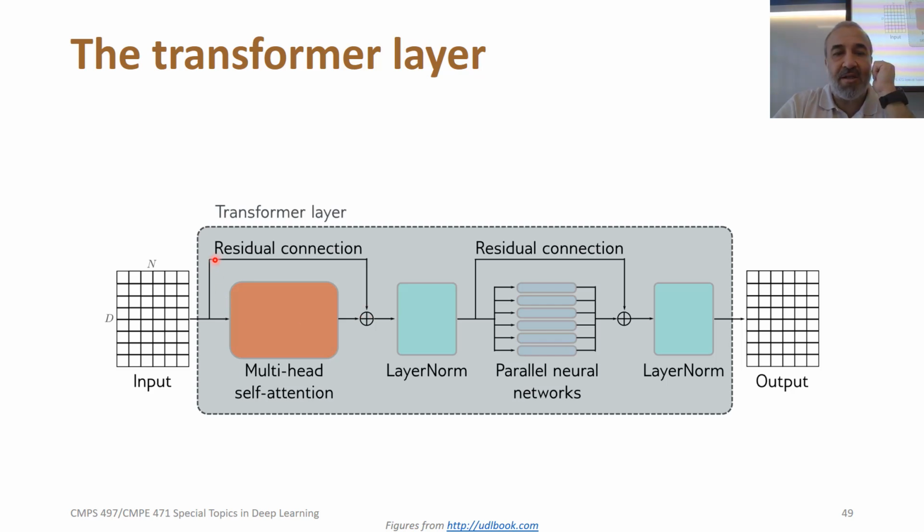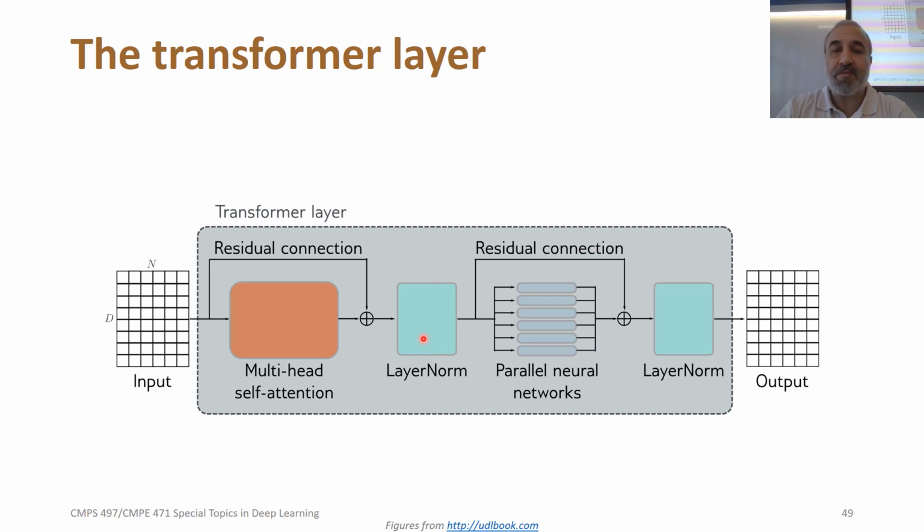We call this residual connection. The residual connection means that we add the input again to the output. So now the input to this part is the output of the self-attention plus the input of the self-attention. Then this goes through what we call a layer normalization. It's a normalization process.